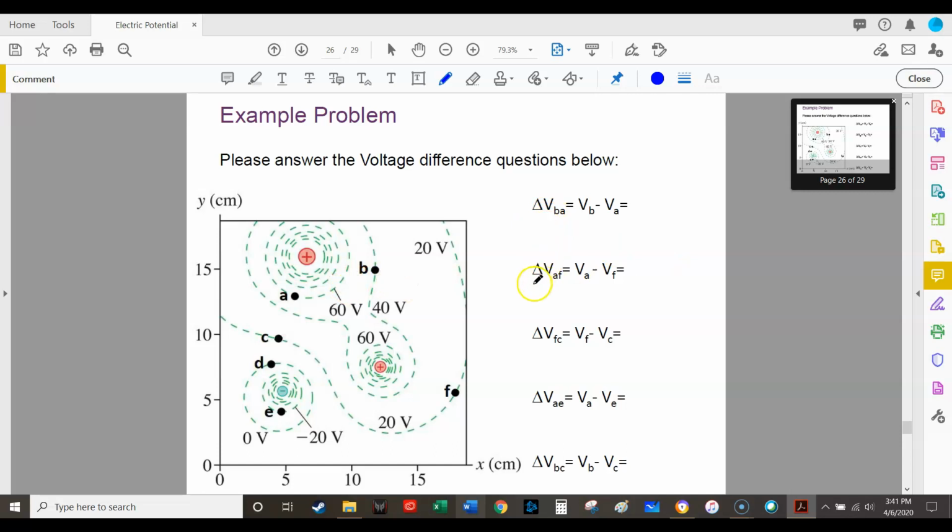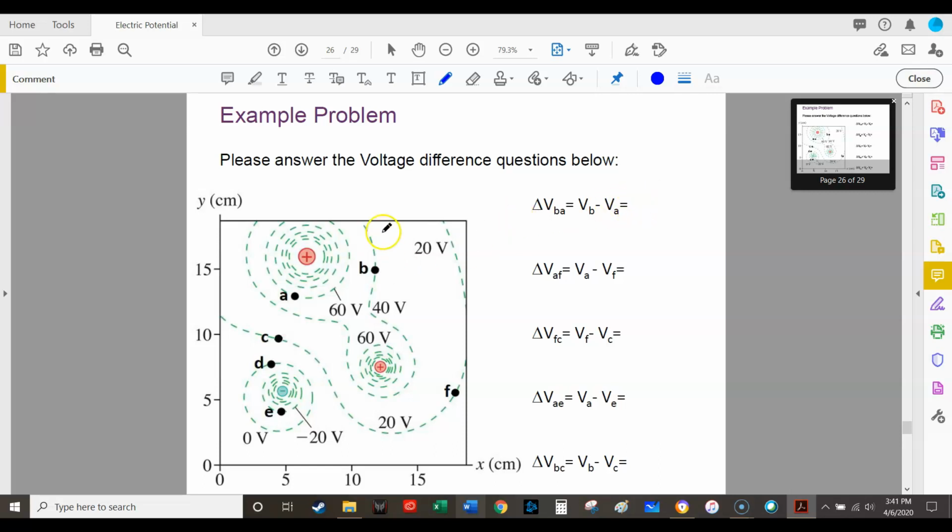So I want you to try each one of these tasks and see what you come up with. Is it going to be a positive or negative voltage or a zero voltage? Okay, so I'm just looking for positives, negatives, or zeros here. And actually, you're going to give me a numerical answer too. So like a positive 20 volts, a negative 20 volts, or a zero voltage difference.